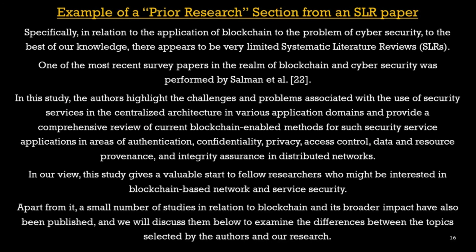This slide shows part of their prior research section, or prior literature review: what other literature reviews have been done in this area? I know you can't read it, and the purpose was not for you to read it, but to show you that I will go through whatever is on this slide sentence by sentence to show what they are talking about in each sentence.